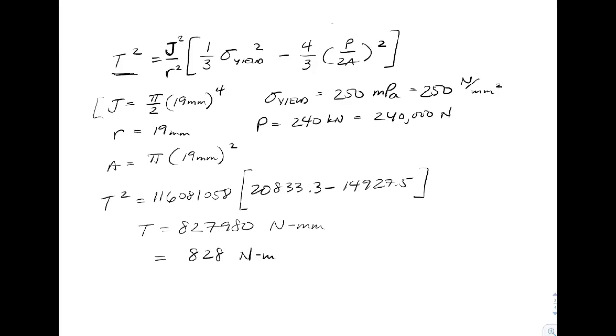Quantities we're going to have to use: polar moment of inertia, R for the radius, area, sigma yield, and also the value of P. Plugging all that in, we end up with an expression for T squared. Take the square root, and we'd end up with the answer 828 Newton meters.